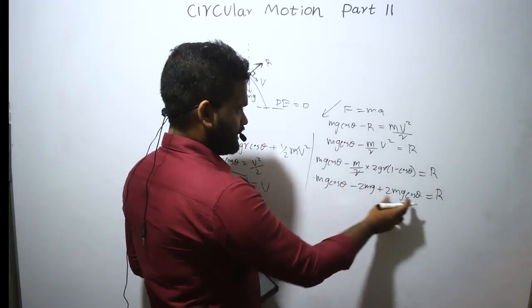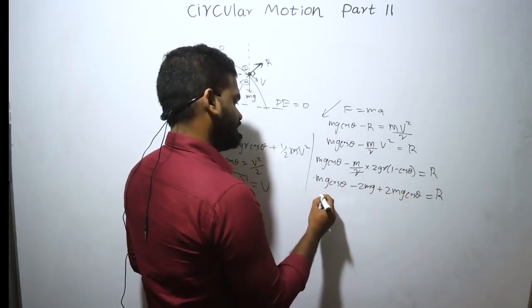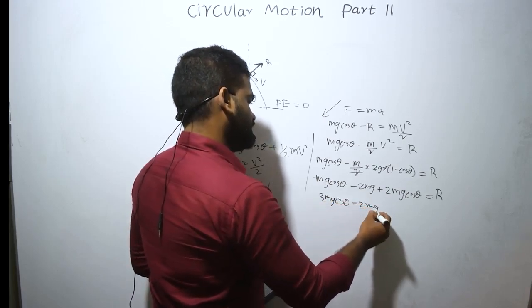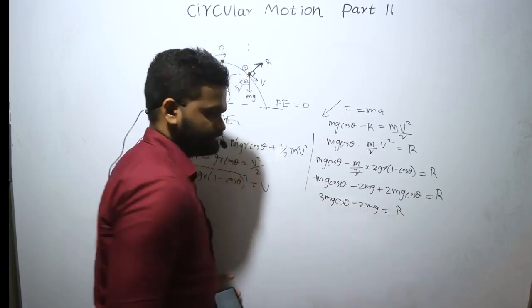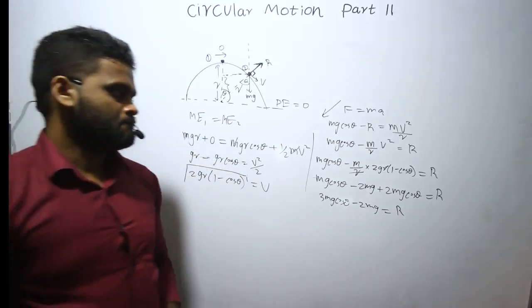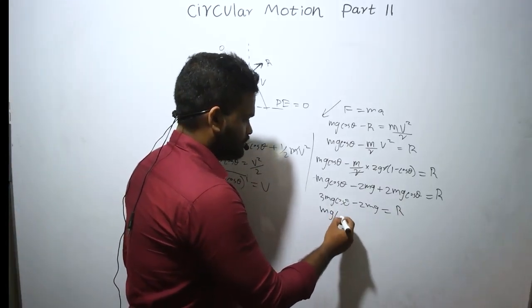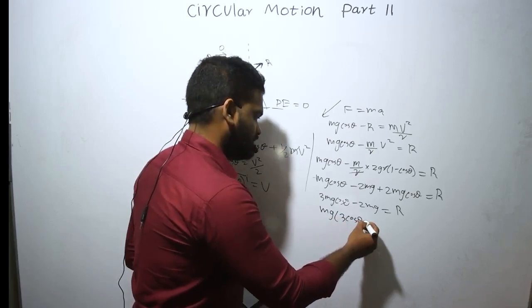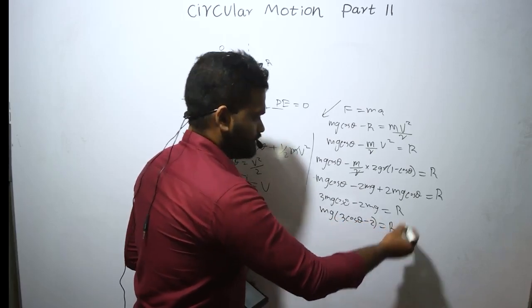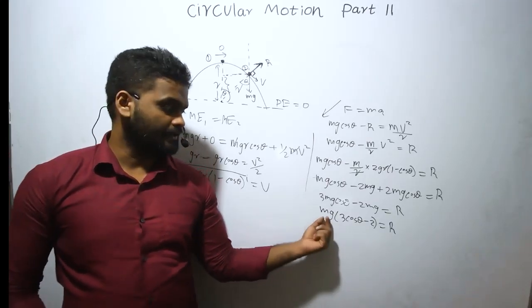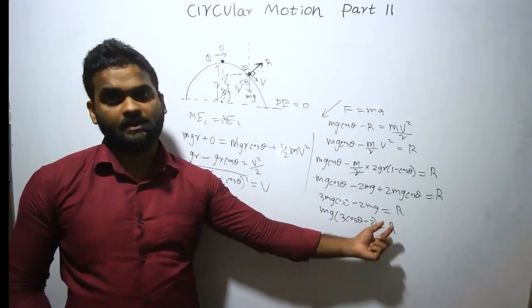Then 2 mg cos theta, 3 mg cos theta minus 2 mg equals capital R. Then take mg out. You get mg (3 cos theta minus 2). So this is the normal reaction force, mg (3 cos theta minus 2).